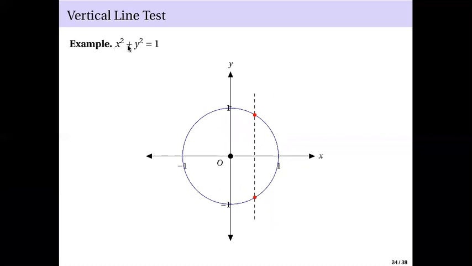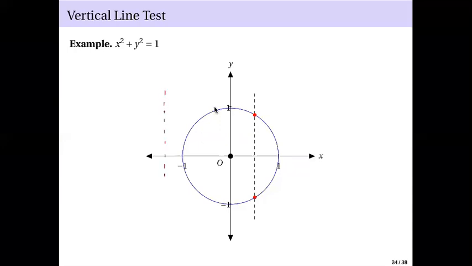This equation, x squared plus y squared equals 1. So you have the circle here. So this is an equation of the circle. You get the vertical line maybe here, maybe somewhere here.